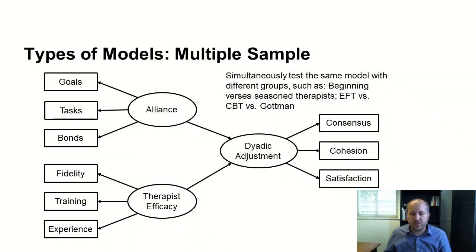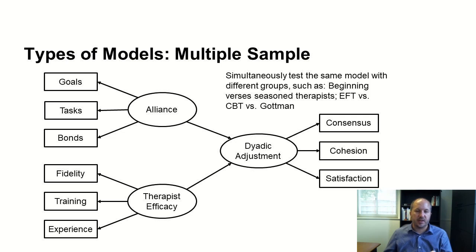Multiple sample models, we'll cover this piece here. This is where ANOVA and regression meet together. For example, this model I gave earlier with alliance, therapist efficacy, and dyadic adjustment, a multiple sample will run this model simultaneously for multiple groups. So you could look at beginning versus seasoned therapists.